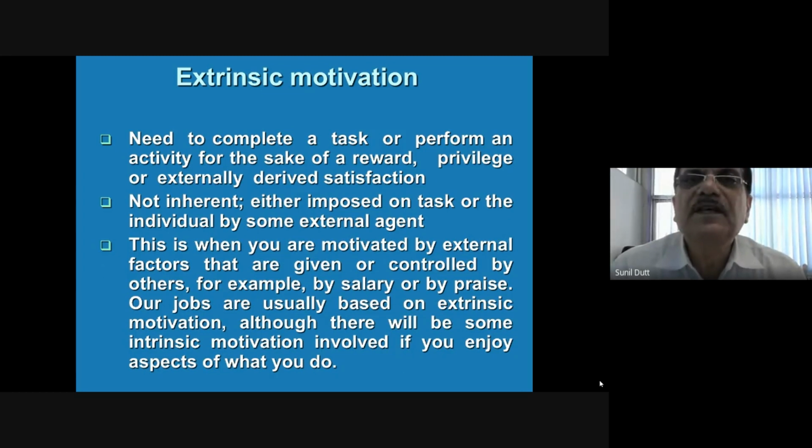Praise is a very simple thing. You can say a very cost effective technique of motivating. Although there will be some intrinsic motivation involved if you enjoy aspects of what you do. When I say, Ramesh ji, you have said very rightly, I'm calling my student by his or her name.